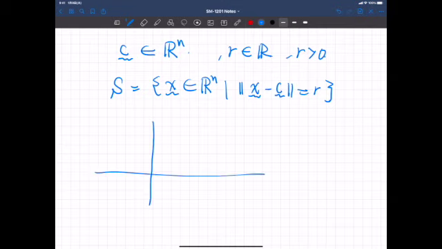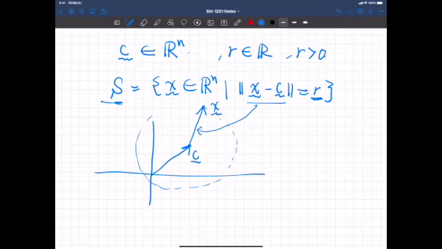So if we have two dimensions, this is point C. Then for any point x in this set, if we take the difference between x and c, this vector corresponds to this. And take the modulus, which is a constant. That means wherever this point is, as long as it is in this set S, the distance between C and X is constant.